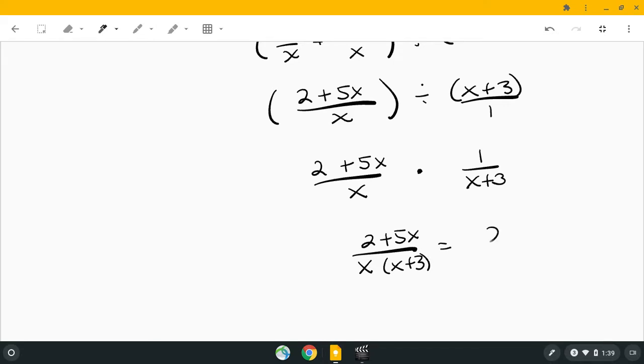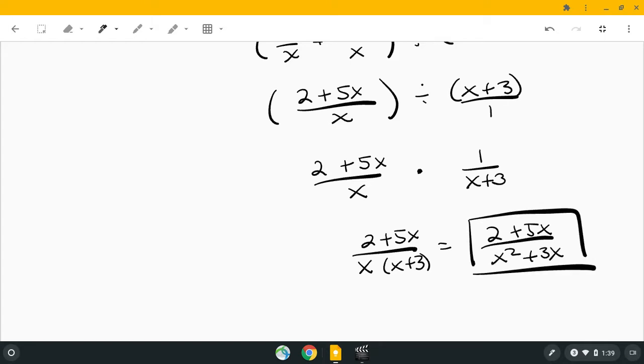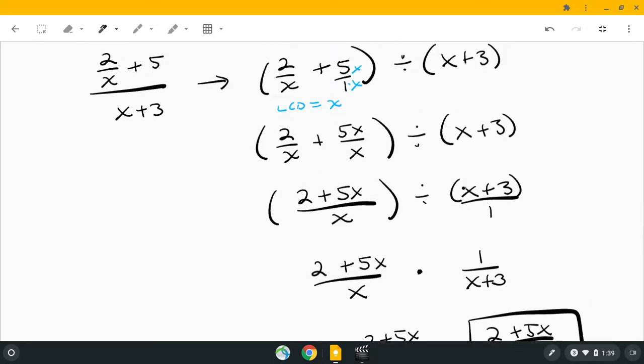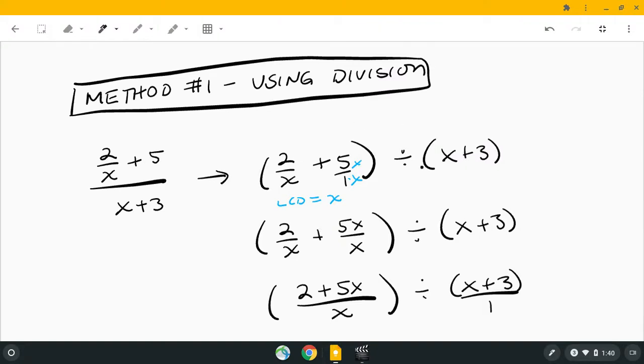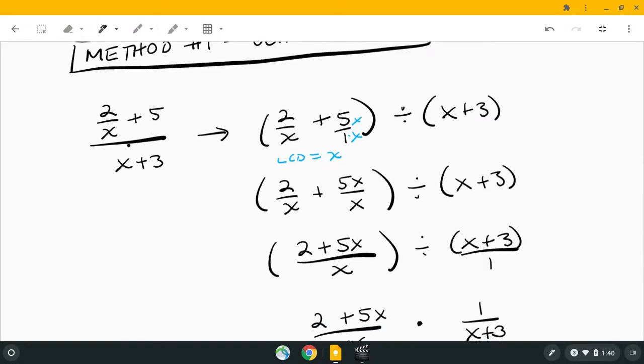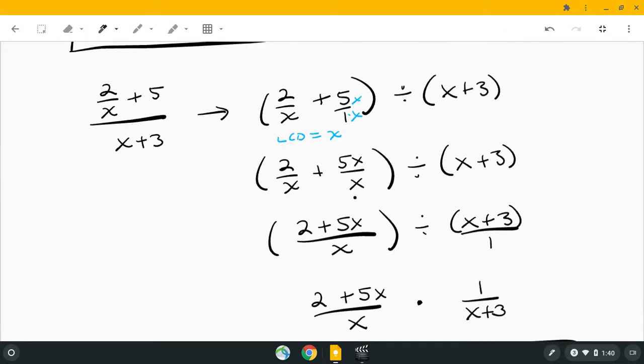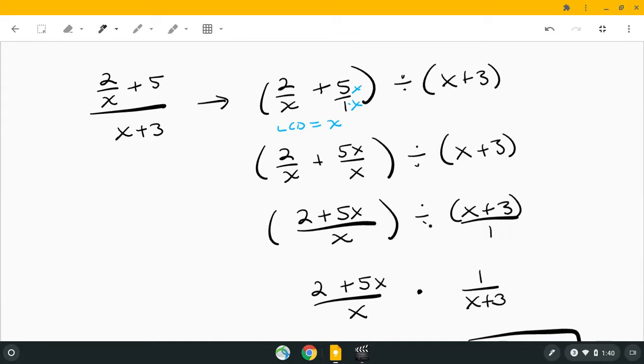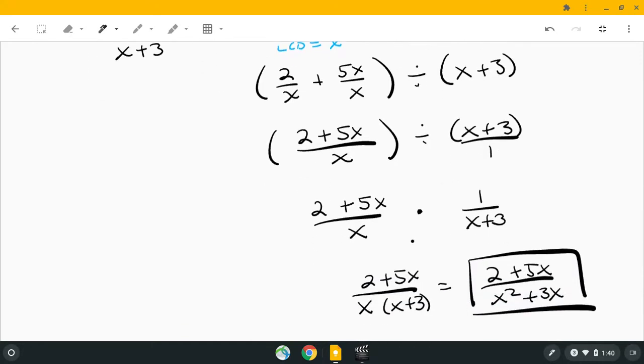Multiplying that all the way out, I get x squared plus 3x in the denominator. So that is the division method: turning it into a division problem, which usually involves some addition or subtraction problem, and then a division problem.